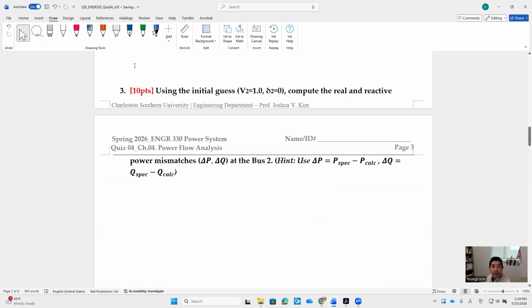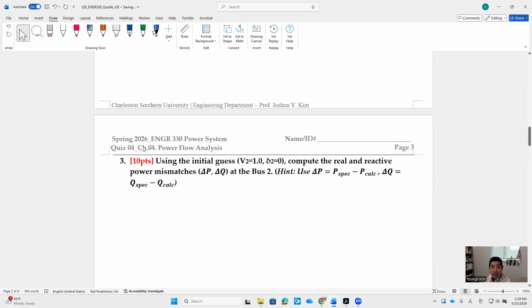Using the initial guess, from these questions, we're going to use the initial guesses. Okay, so compute the real and reactive power mismatch at bus 2. So how can we find it? We learned before, the first thing we have to find is delta P and delta Q. This is the P specified minus P calculation.